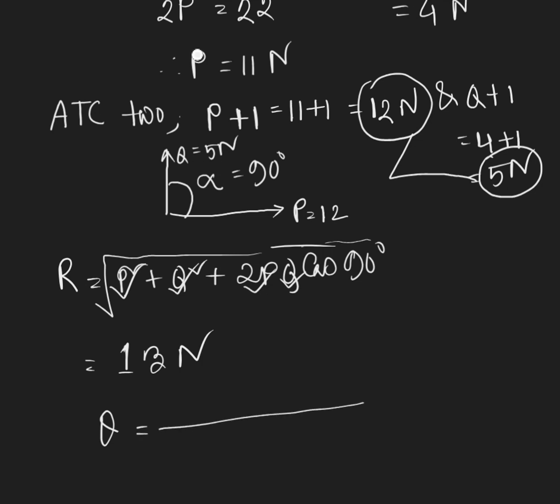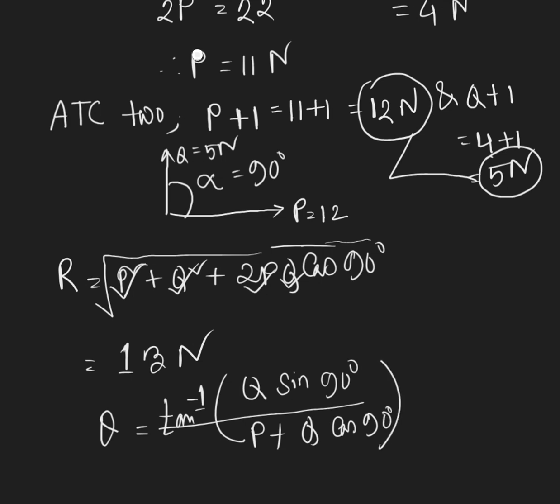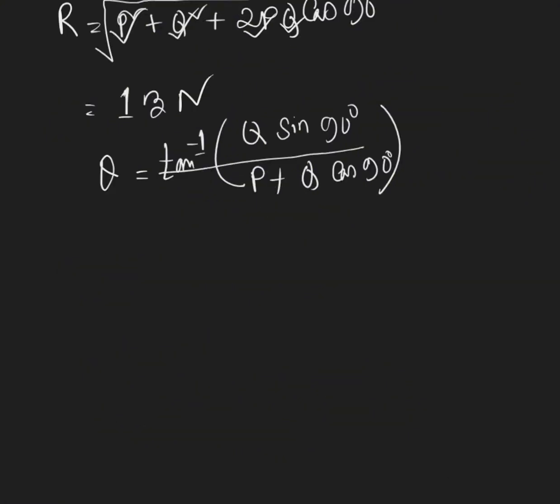So, of course, it will be tan inverse, and here Q sin 90 degrees, and here P plus Q cos 90 degrees. Right? So this will be tan inverse, and of course sin 90 degrees is 1, and this becomes 0.